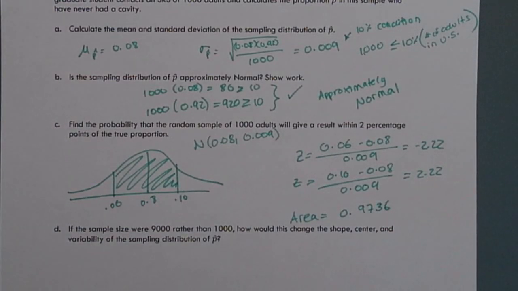Now, if the sample size were 9,000 rather than 1,000, how would this change the shape, center, and variability of the sampling distribution?